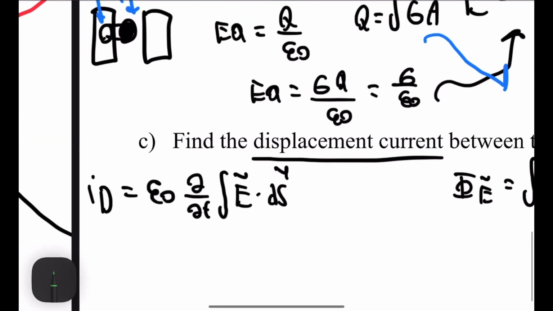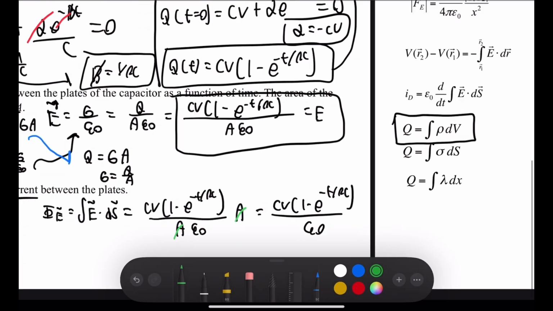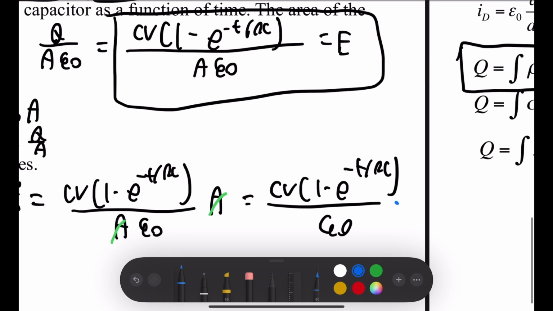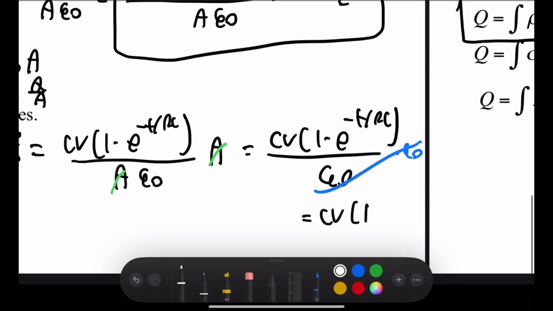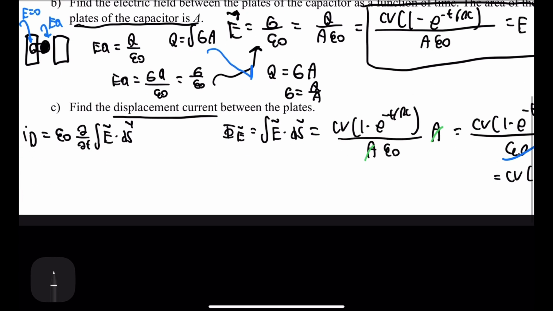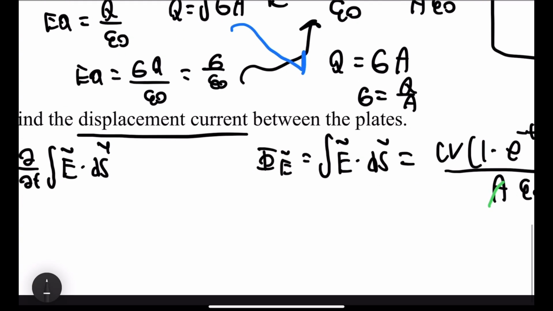And I'm multiplying by an epsilon naught, so let me just do that right now. Because I multiply by epsilon naught, this also cancels. So I'm just left with CV times 1 minus e to the negative t over RC. Now I need to take a time derivative of that. So d/dt of the flux of E. I multiplied by epsilon already, so let me just write the epsilon naught as well.